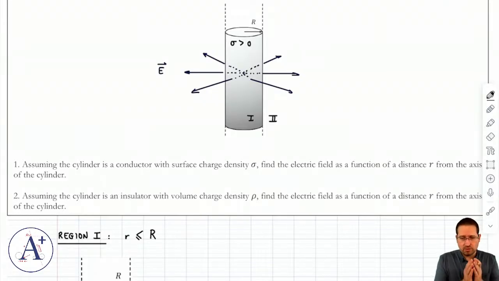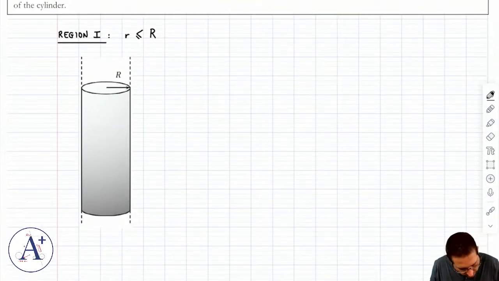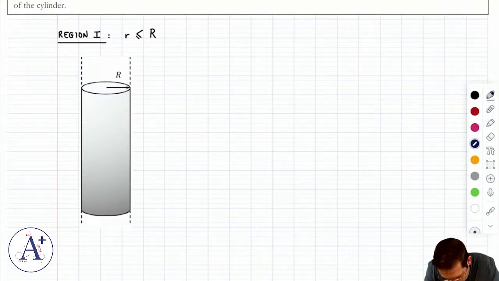Okay, so we're going to start with the inner region and move outward. You could go the other way. It's just force of habit. I like to go from the inside toward the outside. I think it makes a lot more sense most of the time. So let's look at region 1. Okay, region 1 is for little r less than big R. We'll get to that. It'll make more sense in a second. But what did we say?